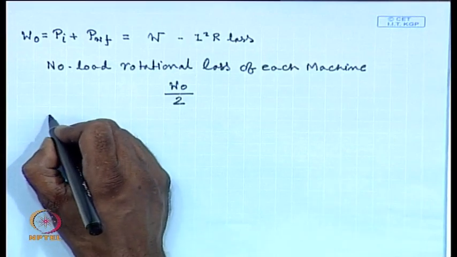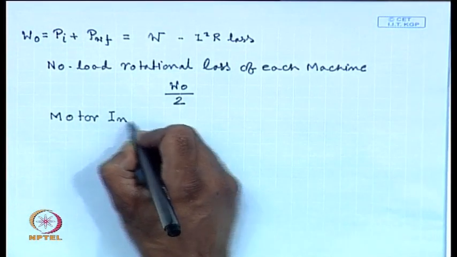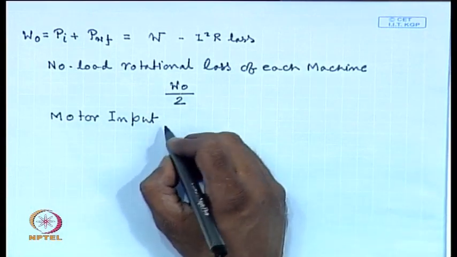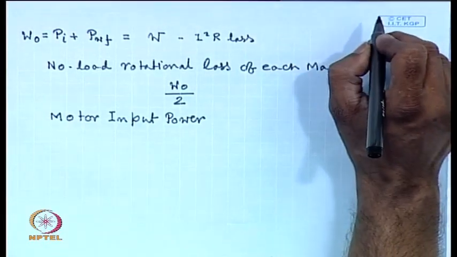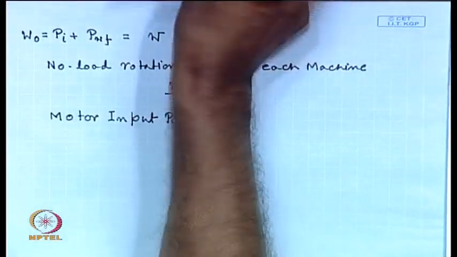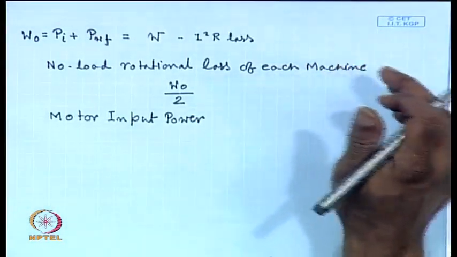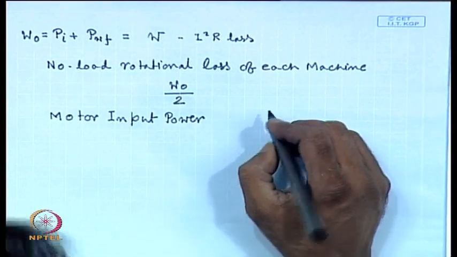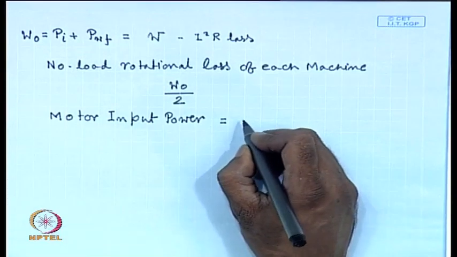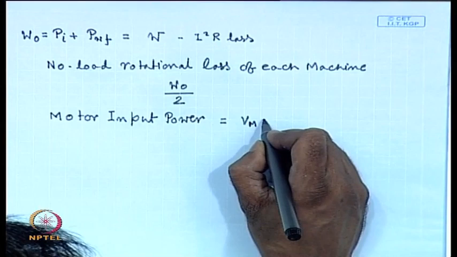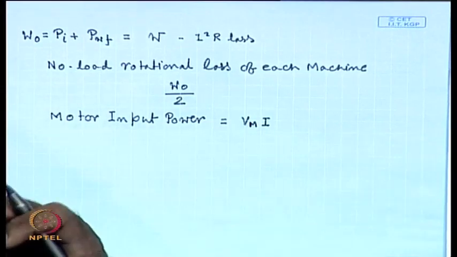Motor input power is V m multiplied by V m i.